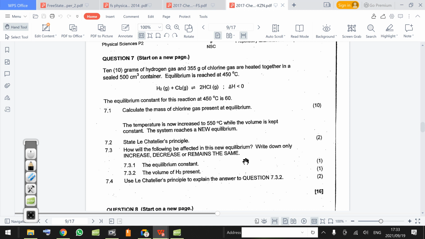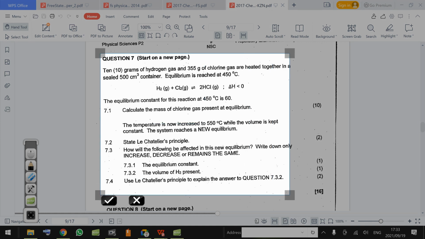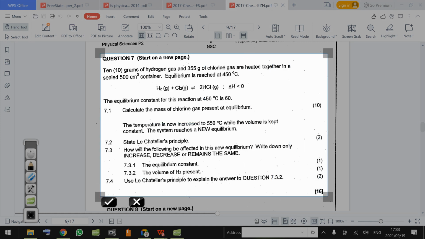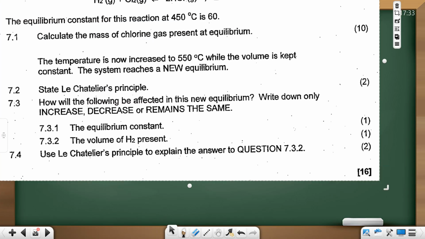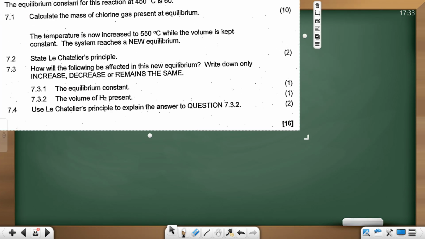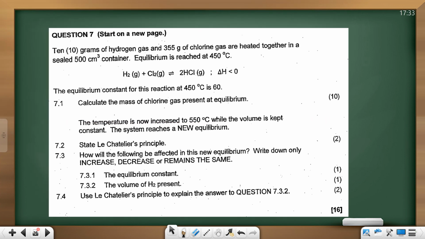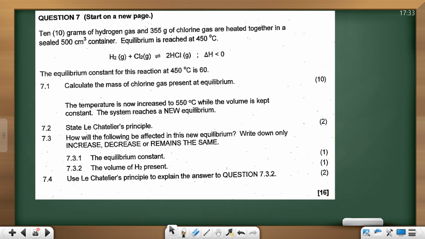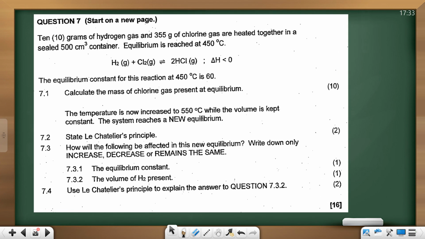Mduduzi, is it this one? Yes, sir. This question is simpler than writing my name. What's challenging here? Why were you seeing flames here? Sir, I want to confirm my answers, not challenging. Oh, you should have just asked for a memo.